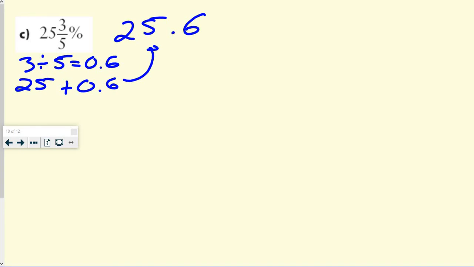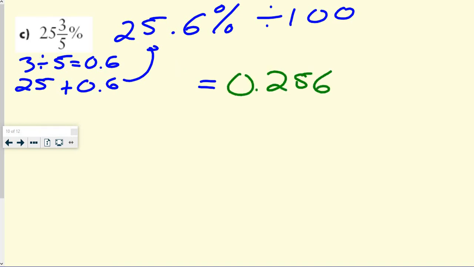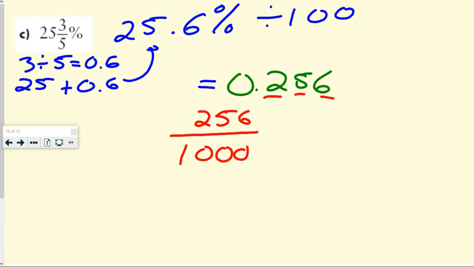So now that we have it as a percent without fractions, we can divide this by 100, which equals 0.256 as a decimal. When we put that over, we know that that's 256 over 1 with 3 zeros because there are 3 spaces here. So again, I'm not going to put it into lowest terms, but that needs to be in lowest terms.